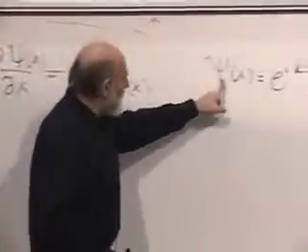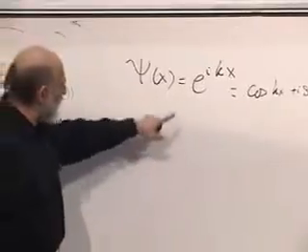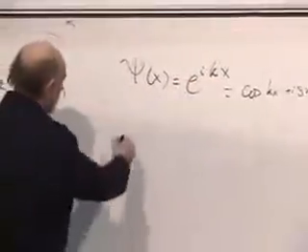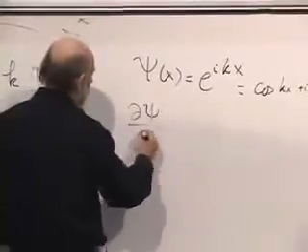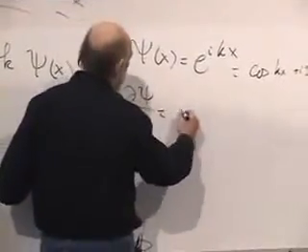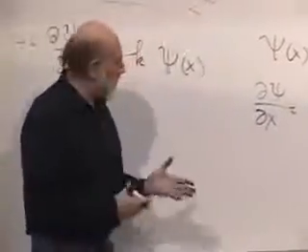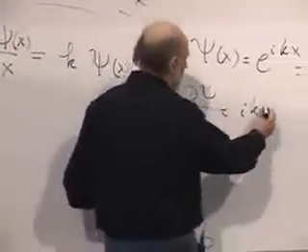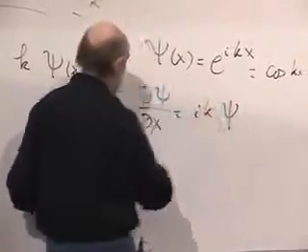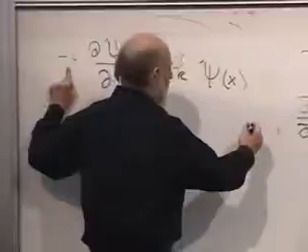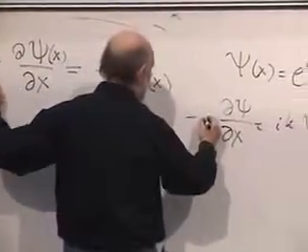To differentiate this, every time you differentiate it, it pulls down the coefficient ik. So d psi by dx is equal to ik times e to the ikx, which is just ik times psi. Now I want minus i times this, so let's multiply by minus i.